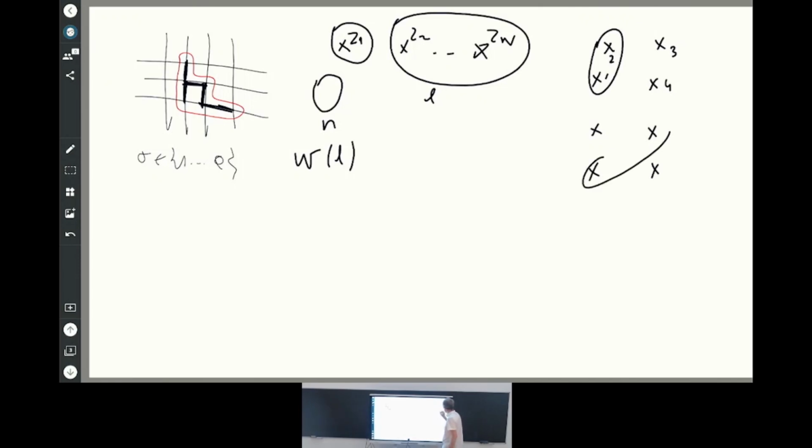But this loop had a different topology. I mean, on the sphere, they are not topologically equivalent. But still, they go around the same punctures, 1 and 2. So they separate 1 and 2 from 3 and 4. So do we allow this loop to have a different weight from this loop?